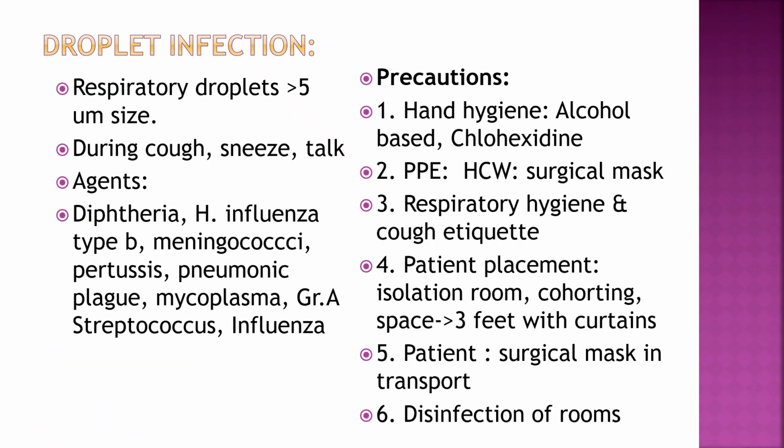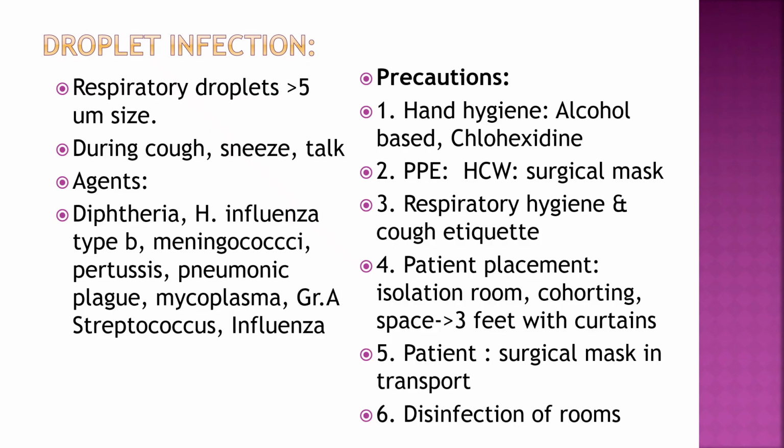Second one is the droplet infection. So when can it happen? When respiratory droplets are more than 5 micrometer in size. During cough, sneezing or talk, these droplets can spread the infection. Agents most commonly are diphtheria, the Corynebacterium diphtheriae, H. influenzae type B, meningococci, pertussis bacteria, then plague, mycoplasma, streptococcus and influenza.